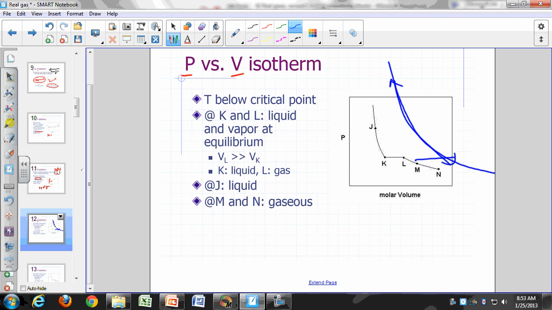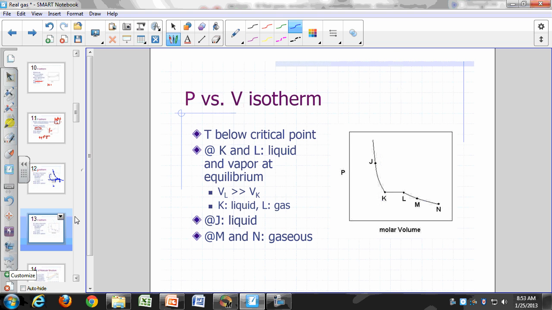Okay, for example, at pressure at point M, this might be the comparison of the ideal and the real. Your Z is less than 1 would mean that this curve is to the left of the ideal isotherm. All right. This is the same one as before. Looks like I've duplicated that slide.